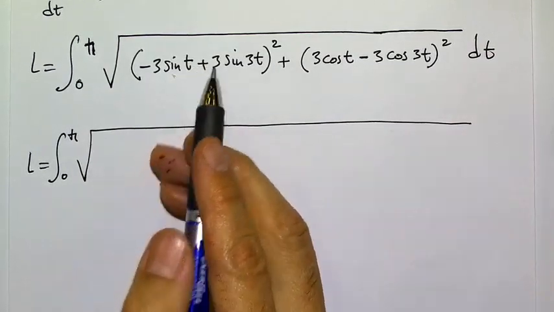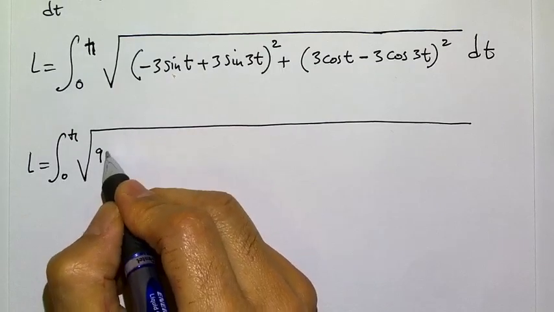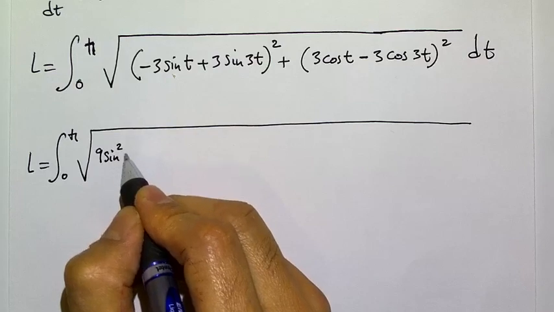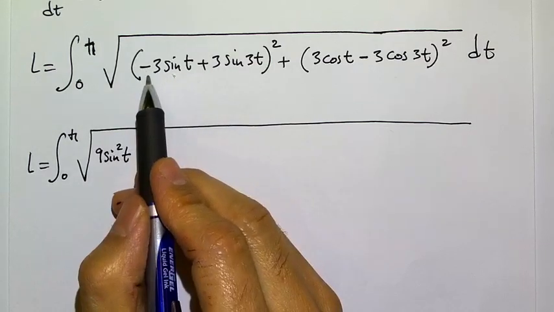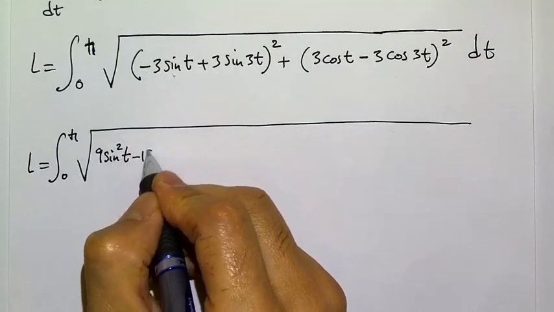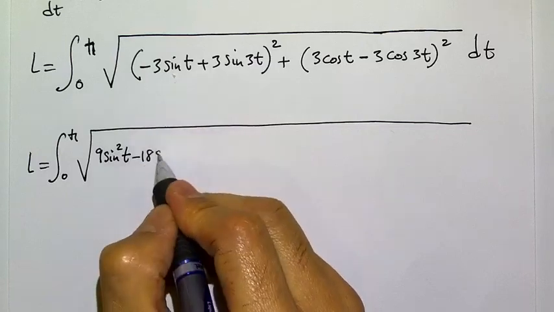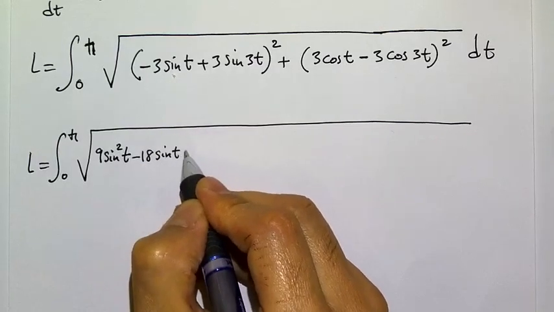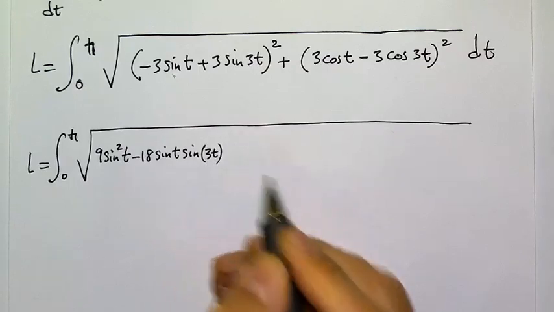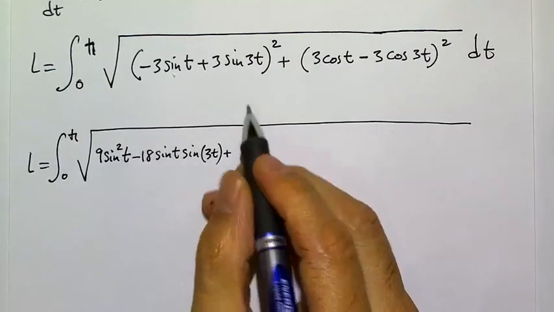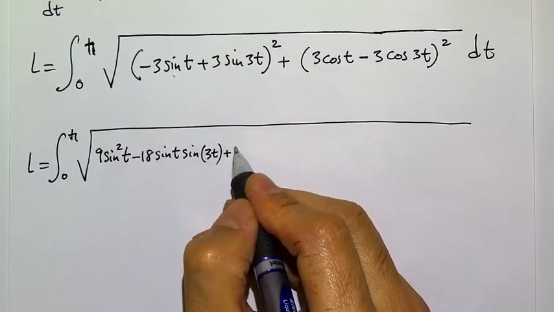So expanding this, we get positive 9 sine squared t. 2 times this times that, we get minus 18 sine of t times sine of 3t plus, of course, 9 sine squared 3t.